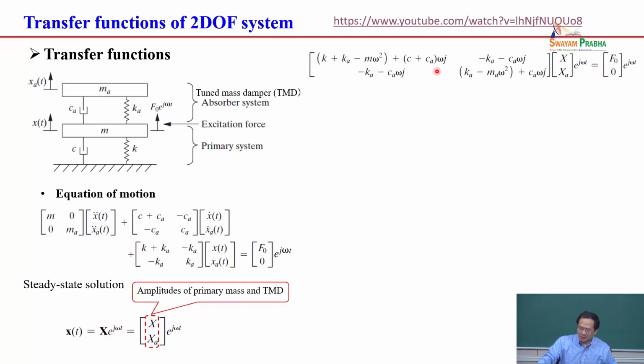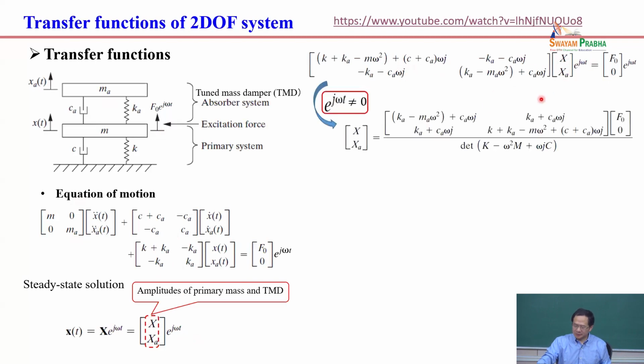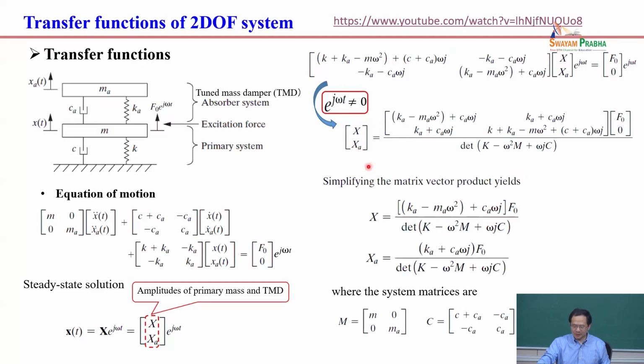Now that's the characteristic equation. So determinant equal 0, you can find the natural frequency, right? And here, if you give force input, that is the response of the primary system and the absorber system, right?